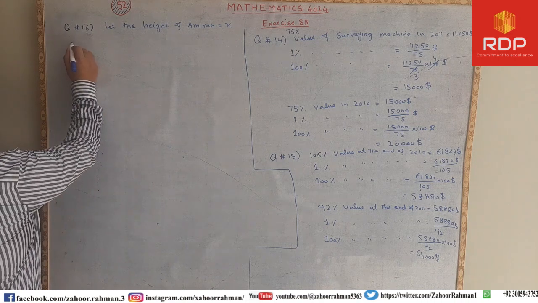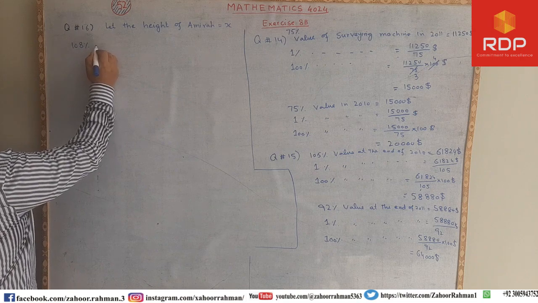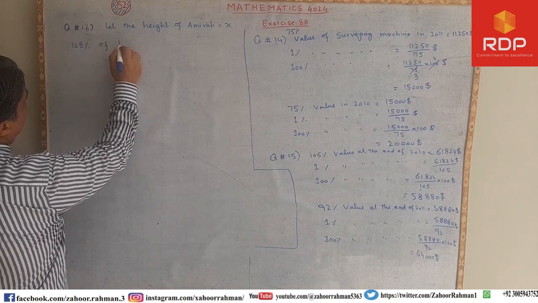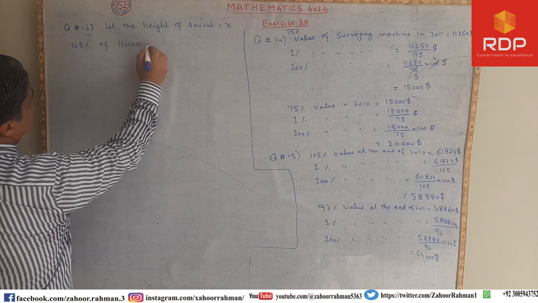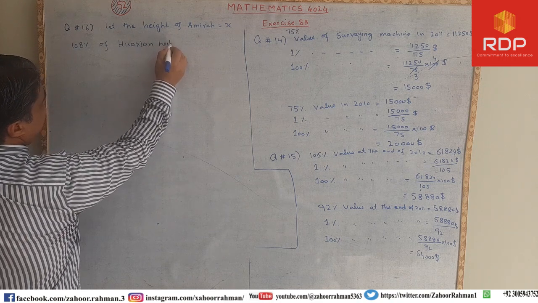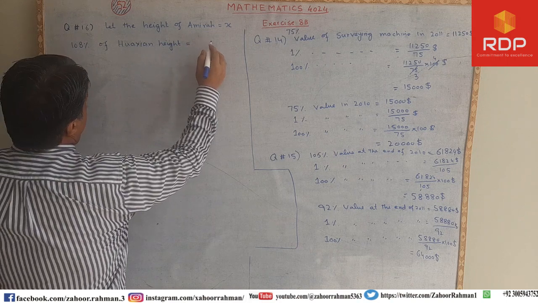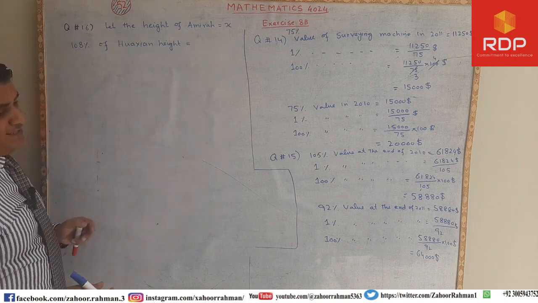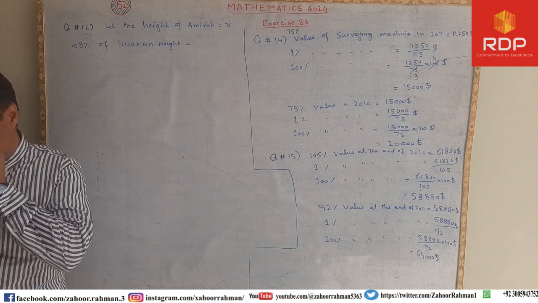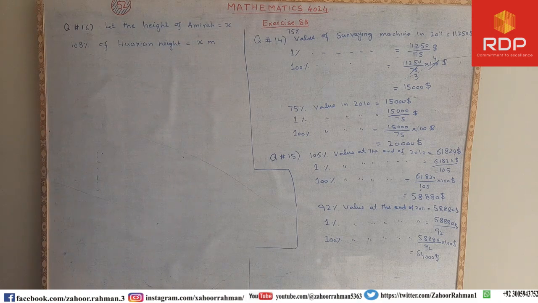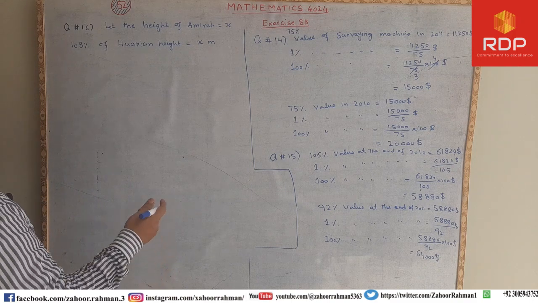Then 108% of Hoexian's height will be equal to x meter, because Amira's height is x, and she is 8% taller than Hoexian, so we have to find this.